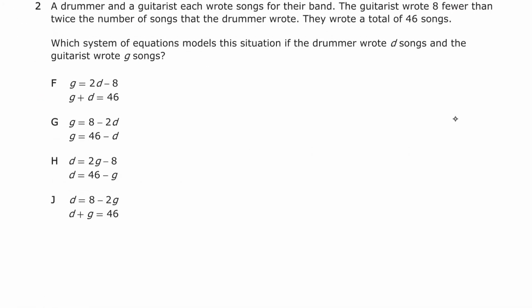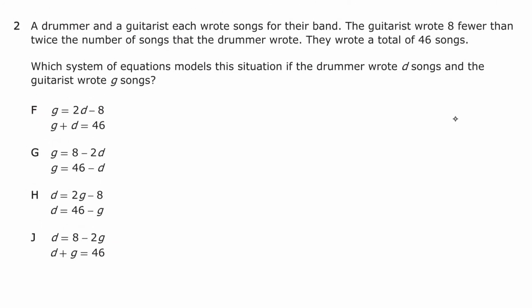Number 2 is a word problem. We have a drummer and a guitarist. The guitarist wrote, so G equals 8 fewer than.